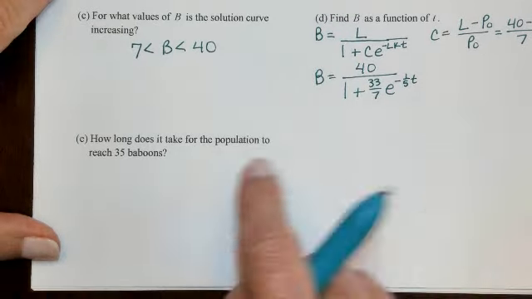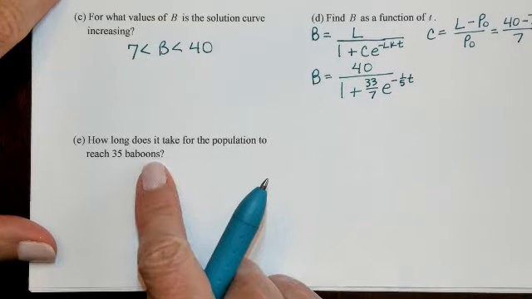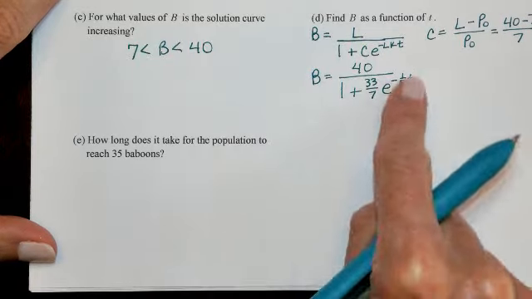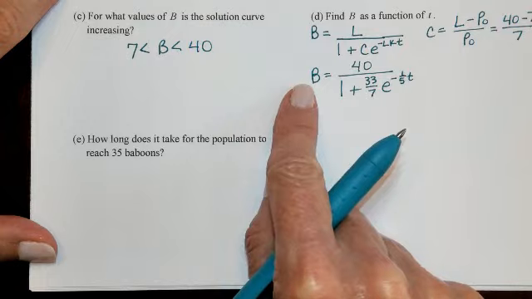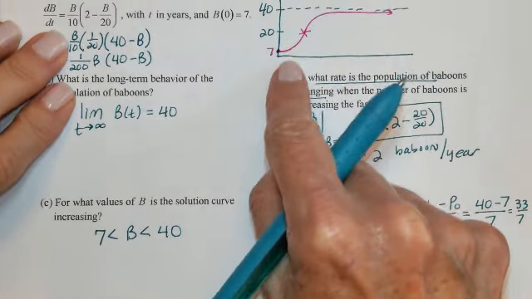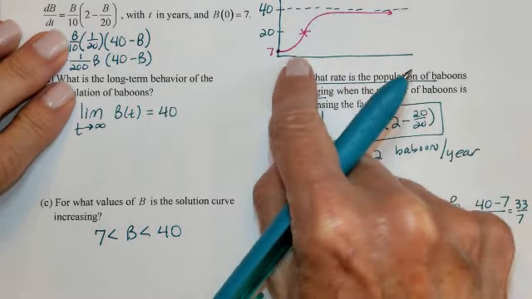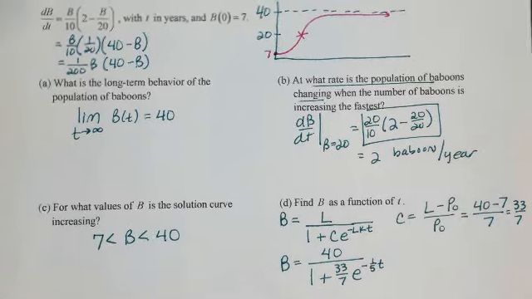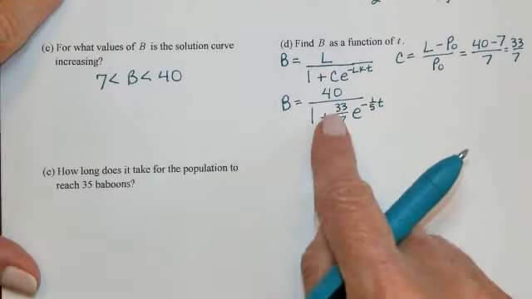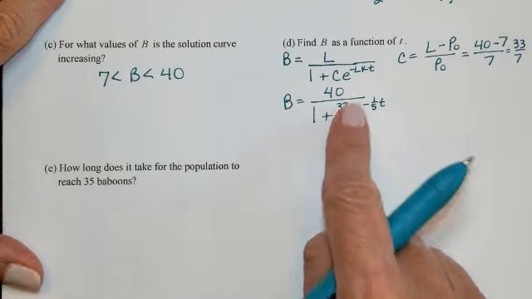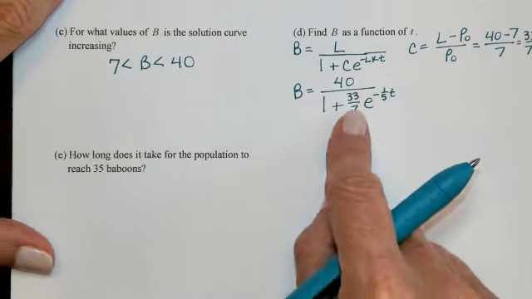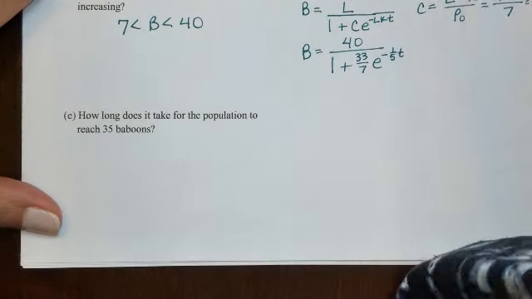All right. How long does it take the population to reach 35 baboons? Well, I'm going to take my equation I just found and put 35 in for b. Remember, the only way we can find anything about t is to write the equation for b, right? So if they ask how long, we've got to come and find that equation first. Okay?